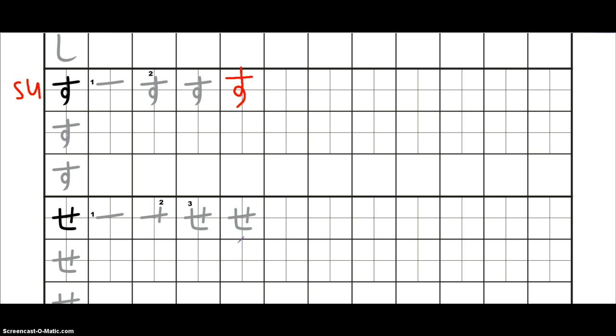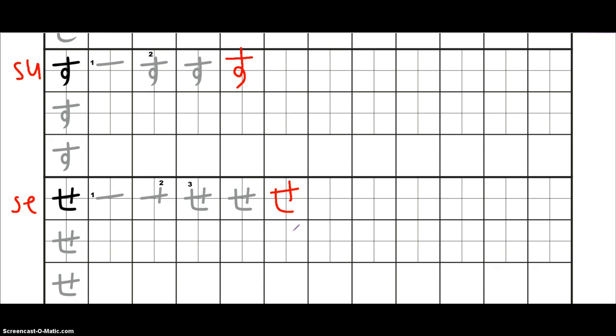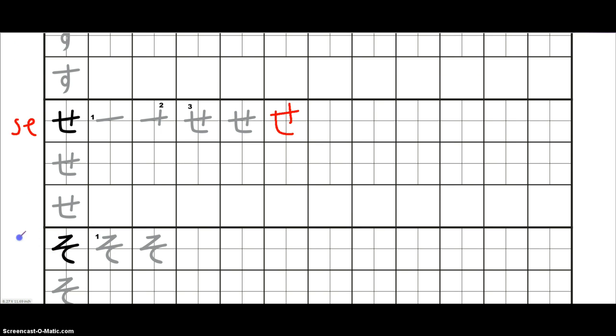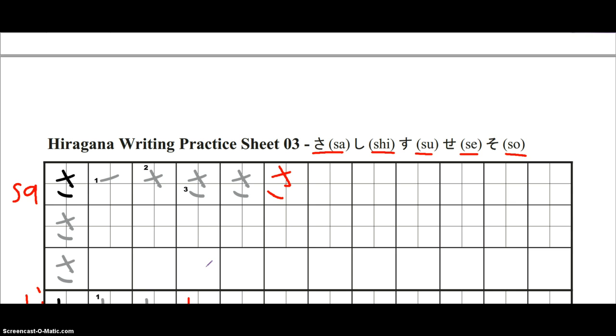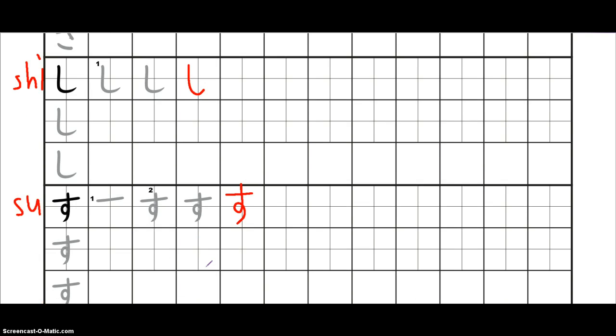Okay, then this is Se, 1, 2, 3. Lastly So, so horizontal down, horizontal, and then a curve. So for this we have Sa, Shi, Su, Se, So.